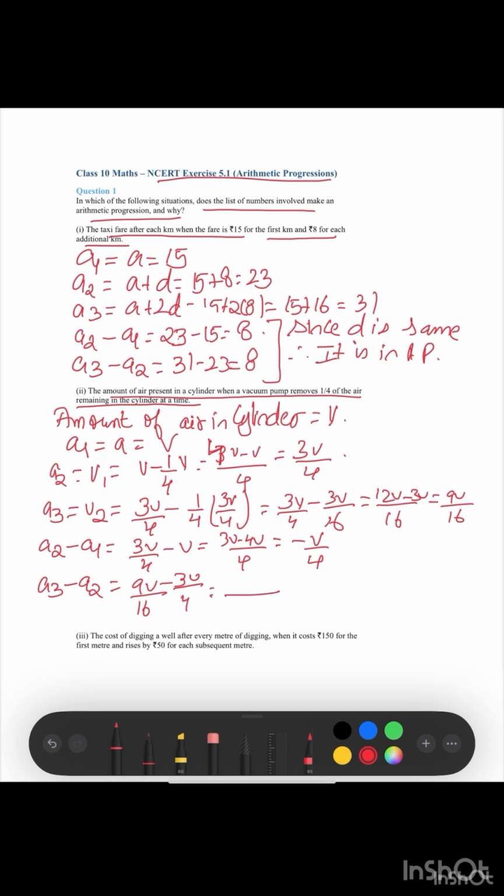Further on taking the LCM, which is 16, this will become 9V minus 12V, which is minus 3V upon 16. Now since both the differences are not the same, in this case they are not forming an AP. A2 minus A1 is not equal to A3 minus A2, so it is not forming an AP.